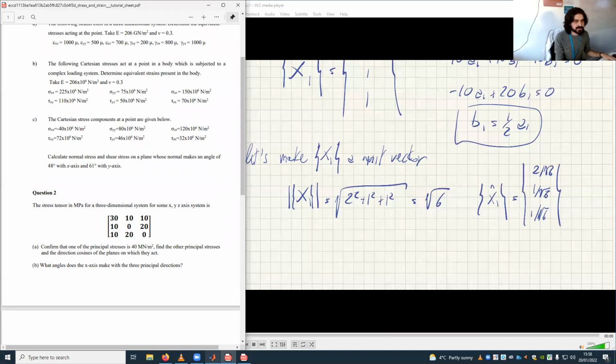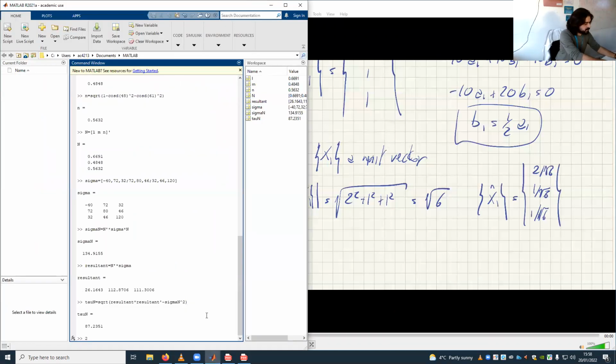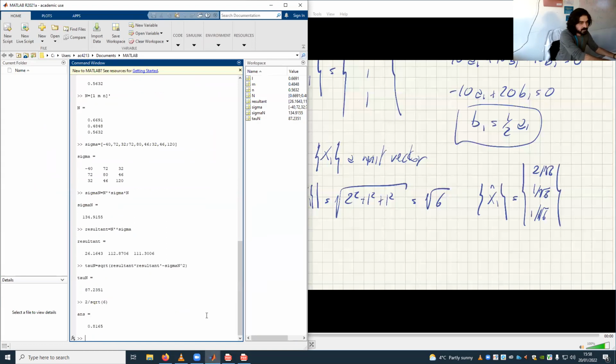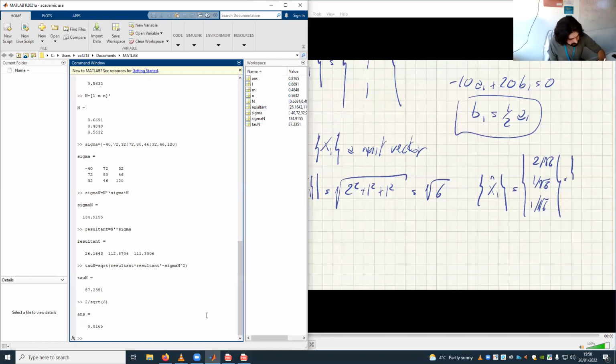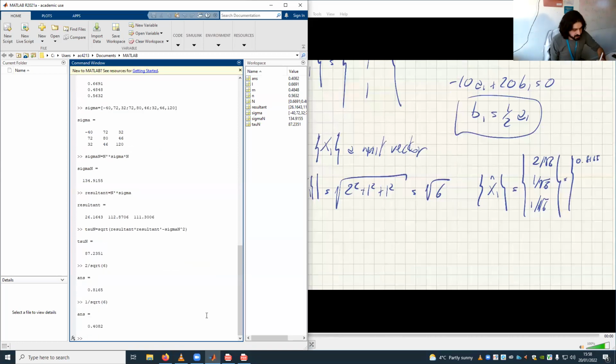And let me do this with MATLAB. So 2 divided by the square root of 6 is 0.8165. One divided by the square root of 6 is half of that, 0.4082, which is the same, of course, for C.